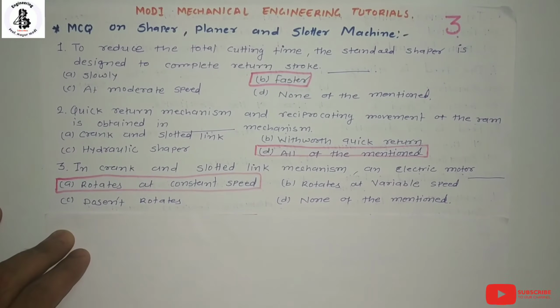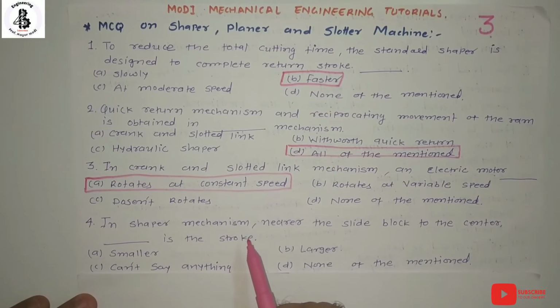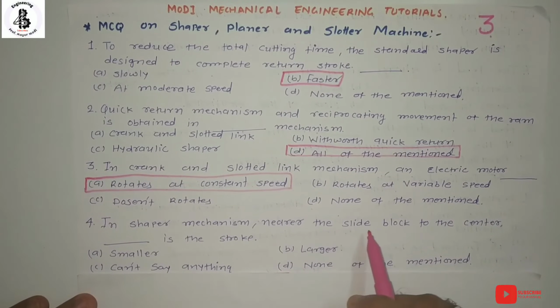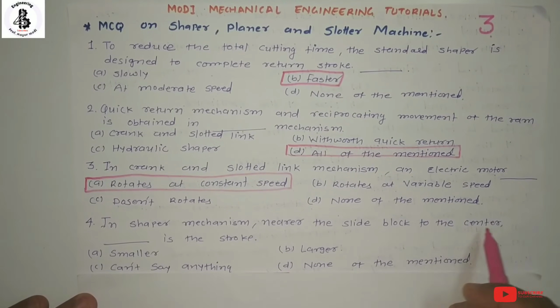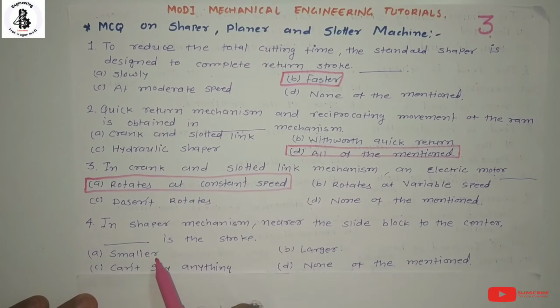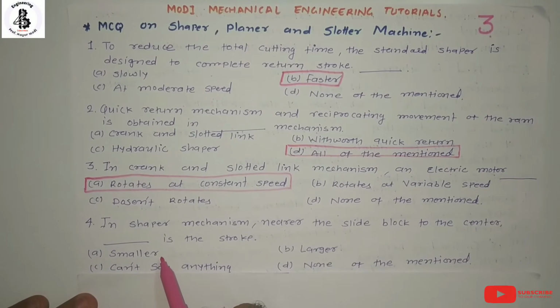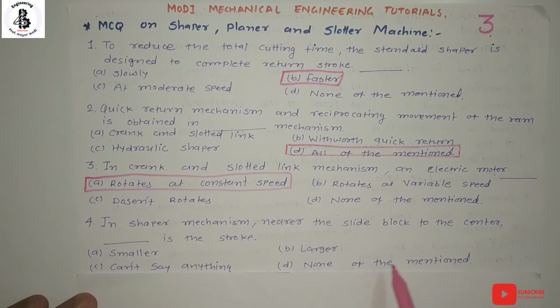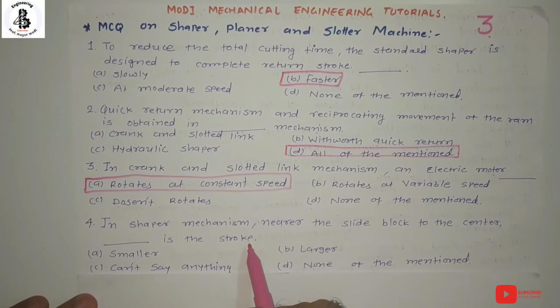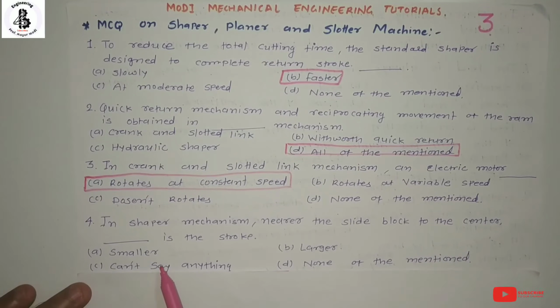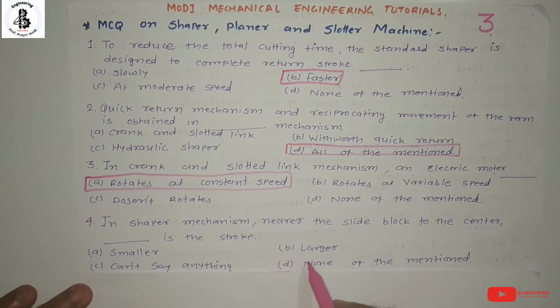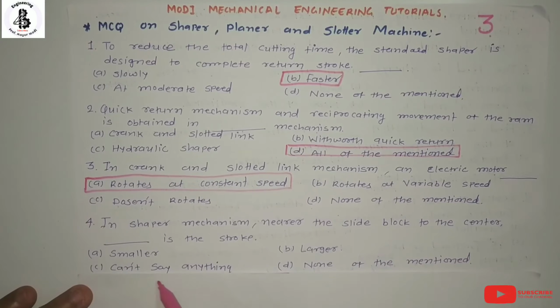Then next. In SHAPER mechanism, the nearer the slide block to the center, which type of movement in the stroke: larger, smaller, can't say or none of the mentioned? So option A smaller, option B larger, option C can't say anything, option D none of the mentioned.